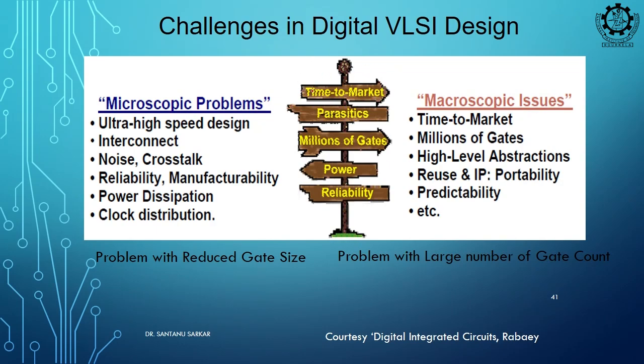A few important things are time to market, parasitics, millions of gates you have to consider, power, reliability. And the macroscopic issues are the window from the product decision to product development, this window.